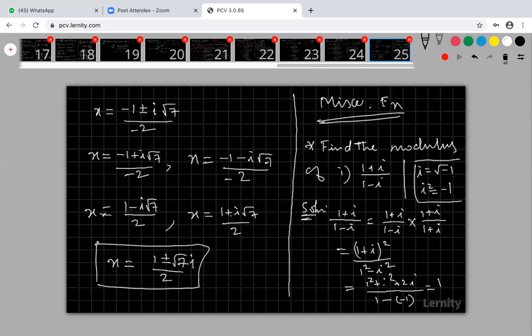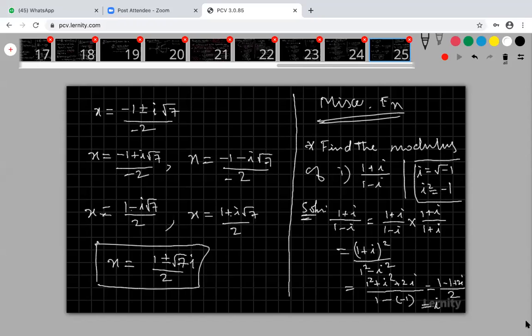Now simplify this. This is 1, my i square is minus 1, this is 2i, divided by 1 minus of minus 1, which is 2. Look at that: the numerator 1 minus 1 cancelled, 2i divided by 2, the 2 also cancelled. So I will get only i.